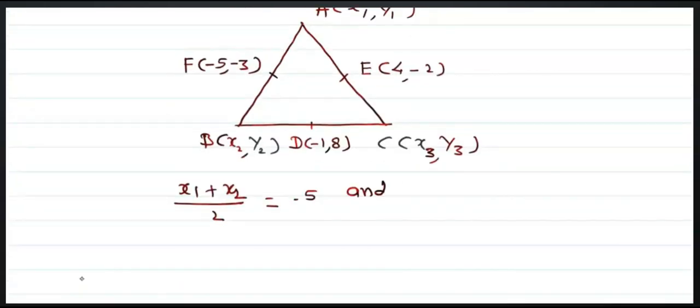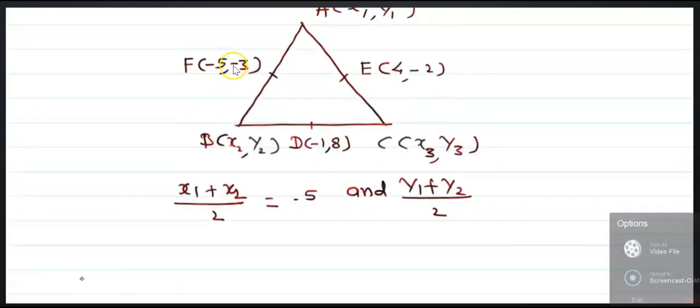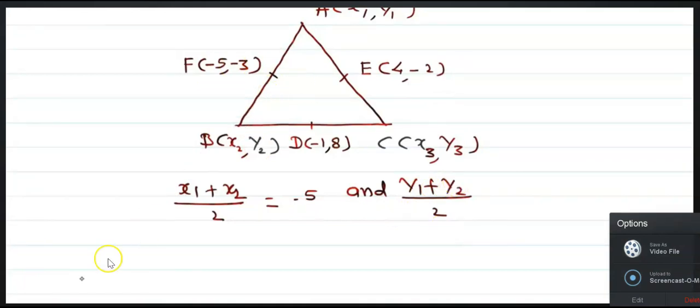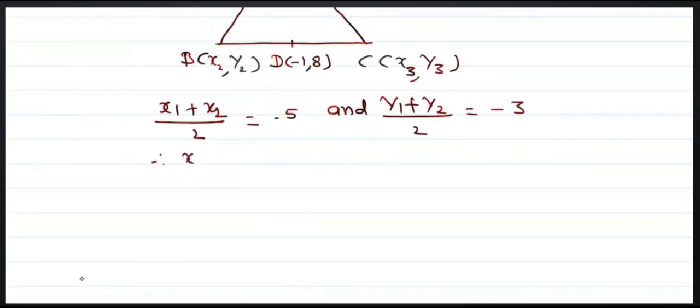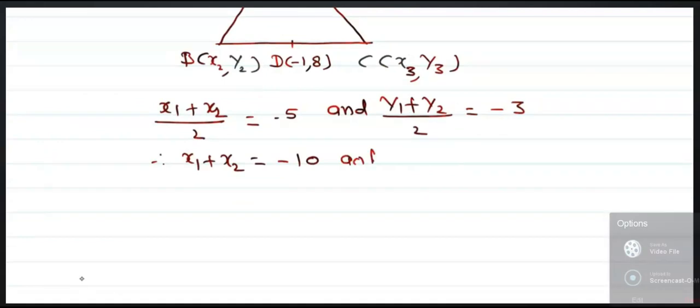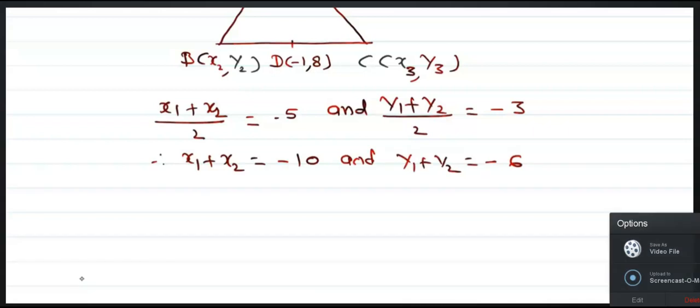Now (x1 plus x2) upon 2 is equal to minus 5. (y1 plus y2) upon 2 is equal to minus 3. Therefore, x1 plus x2 is equal to minus 10 and y1 plus y2 is equal to minus 6.